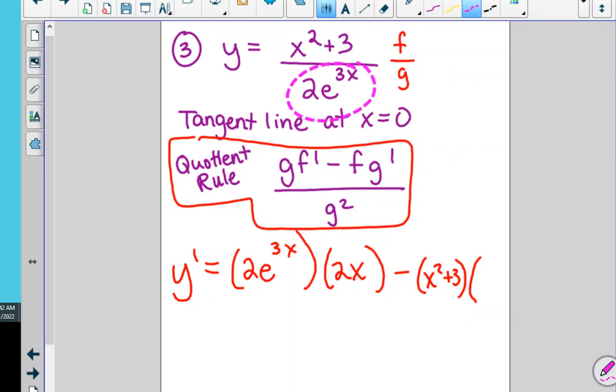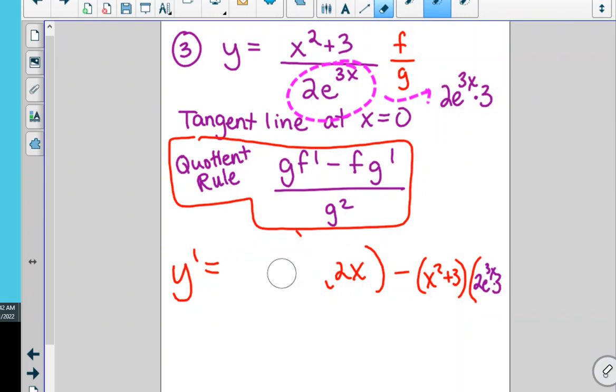Now, 2e to the 3x, the derivative of that, 2e to the 3x is in there, but times another 3. 2e to the 3x times another 3. Wouldn't that be 6e to the 3x? So yeah, you can write 6e to the 3x, or you can write 2e to the 3x times 3. Be the same.